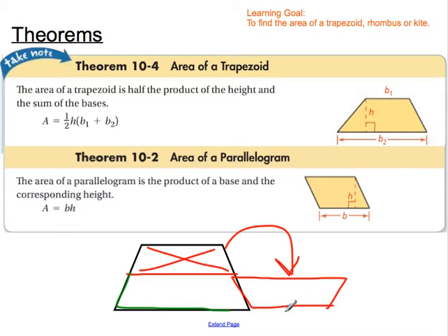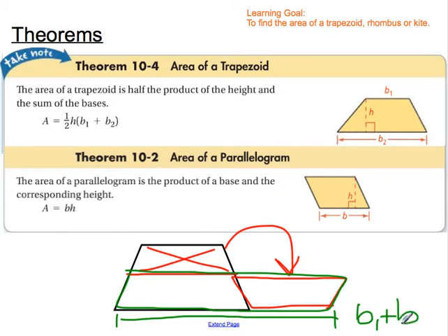Now, if you look at the new parallelogram created by those two pieces of the trapezoid, you can see that the base of this parallelogram, or the entire length along the bottom, is B1 plus B2 from the original trapezoid. And the height of this new parallelogram, we'll call that H, is exactly half of the height of the original trapezoid.